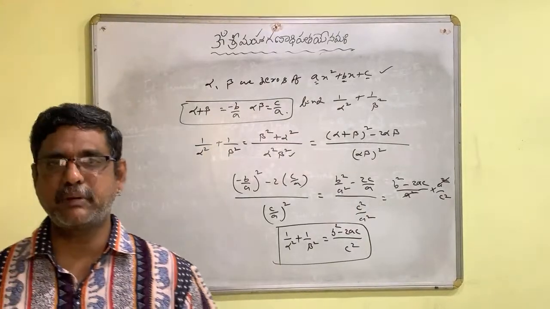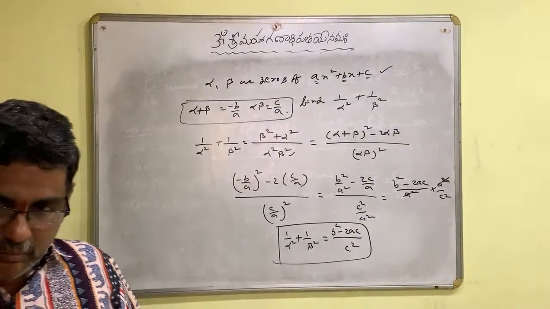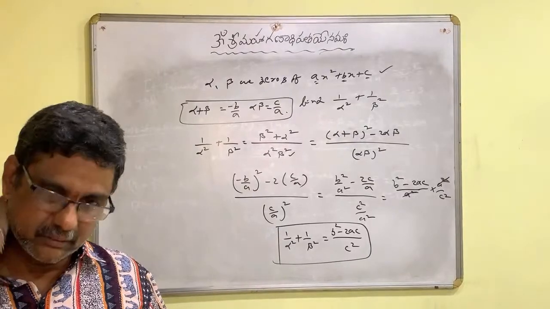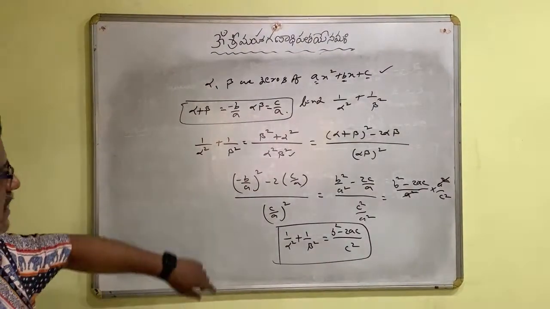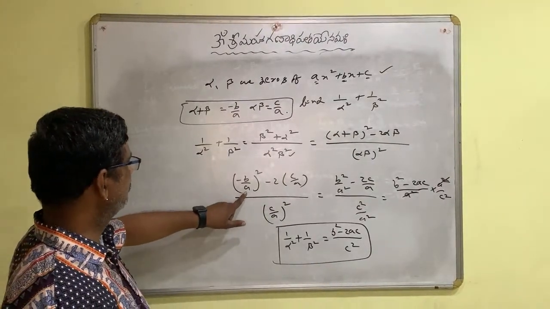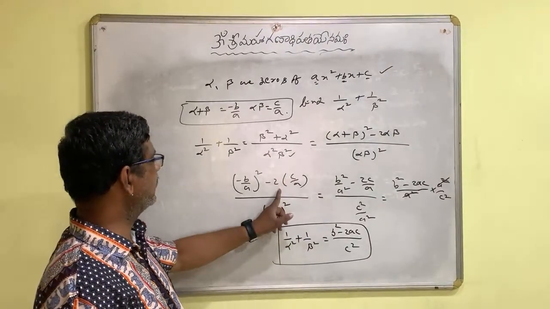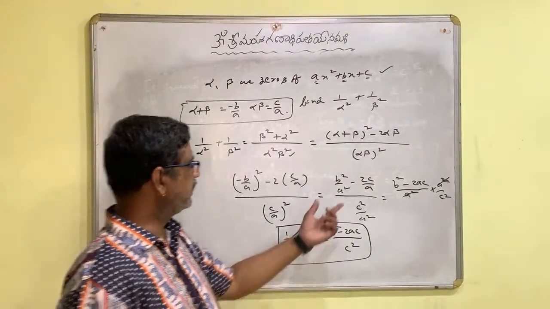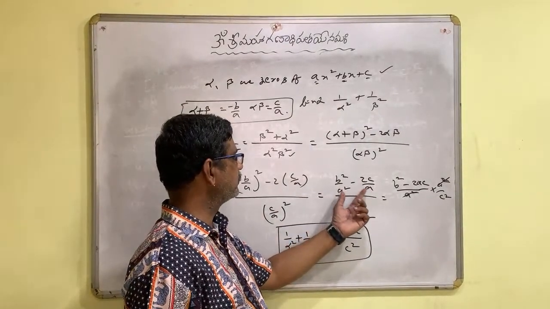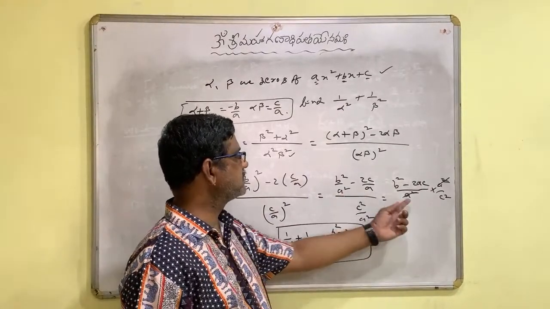So you get an expression, not a value, an expression. You do not get a number over here. Once again, see the simplification. B square by a square minus 2c by a, divided by c square by a square. Here we need to take the LCM of these two terms, a square and a. LCM is a square.